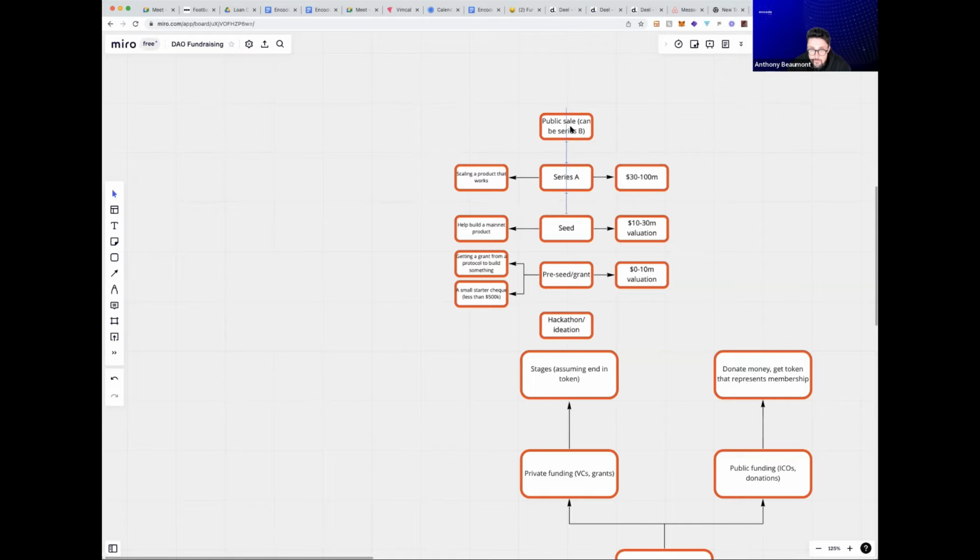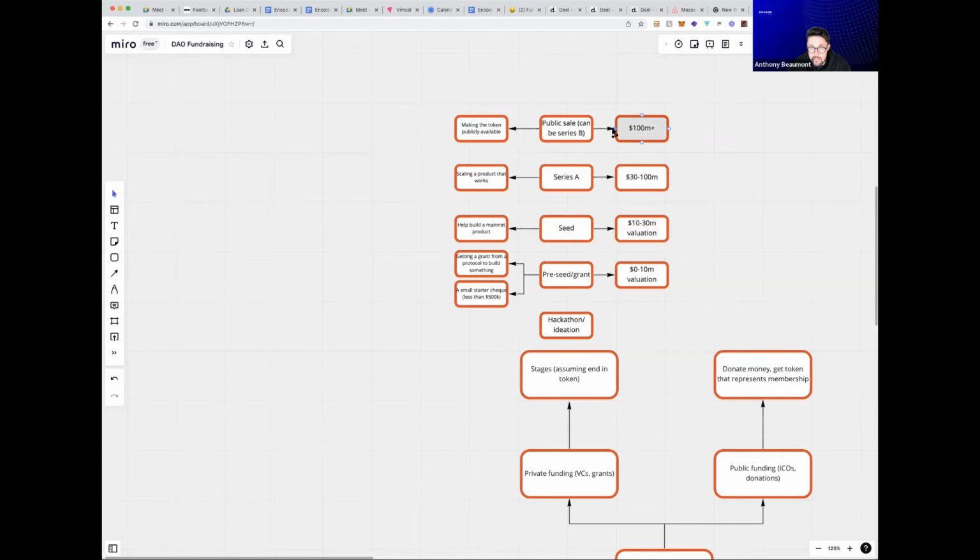And then as we get closer to public sale, you're making the token publicly available. Another way to do this is staking, giving people rewards for using it, and you would do this anyway. Typically, depending on the market, you're looking at a 100 million plus valuation.